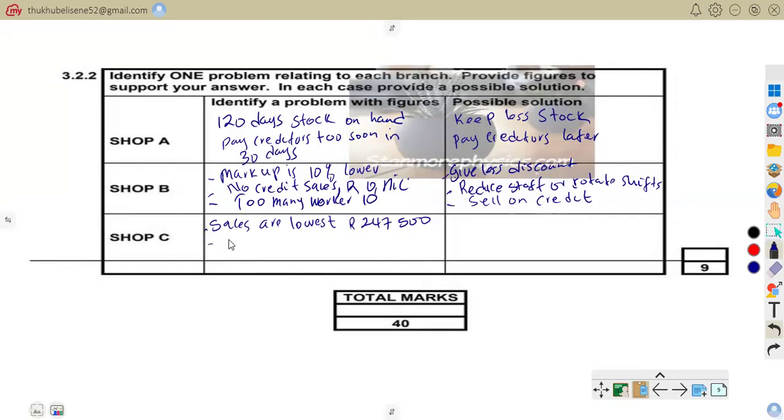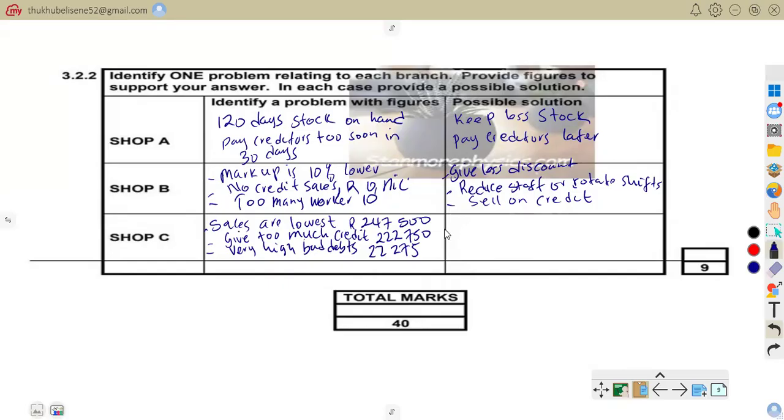The other problem is that they give too much credit, of how much? 222,750. It's too much. Also, they have what? Bad debts, very high bad debts, because they have 22,275.